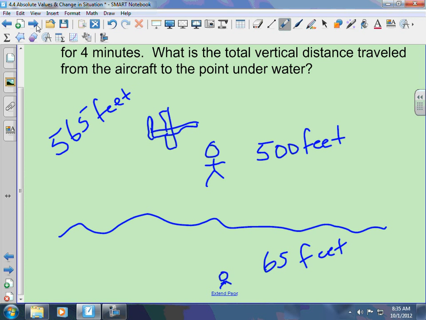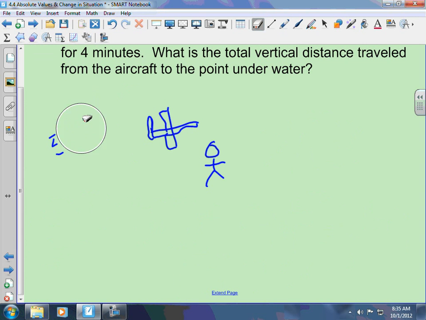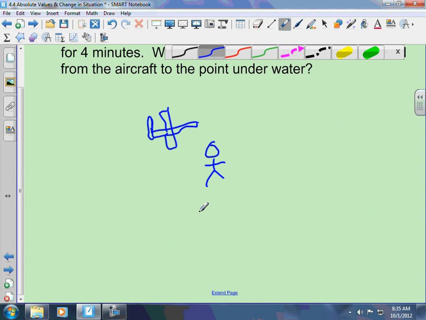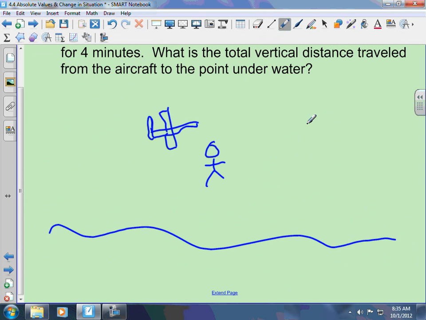Now, if for some reason they had said it was Superman who fell out of the airplane, and he fell 500 feet, and the second he hit the water, he flew 200 feet back into the air because he's Superman.